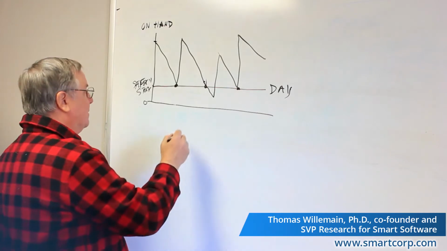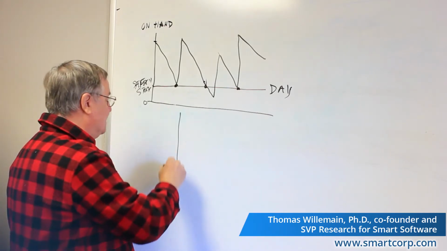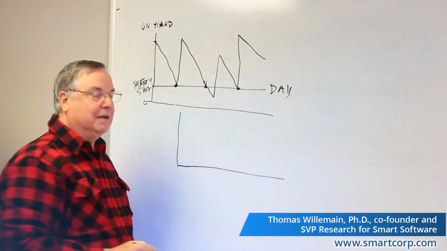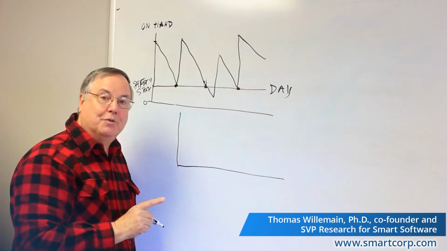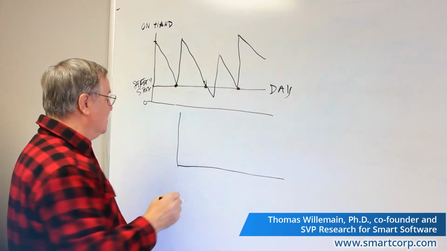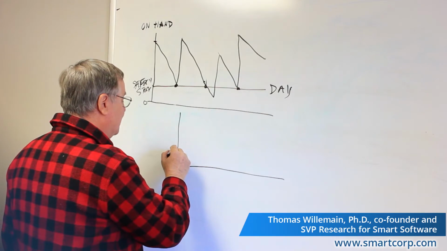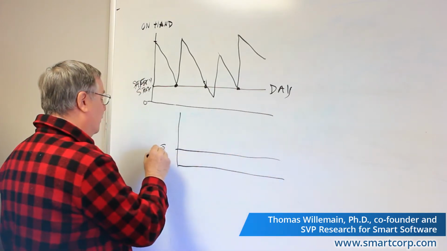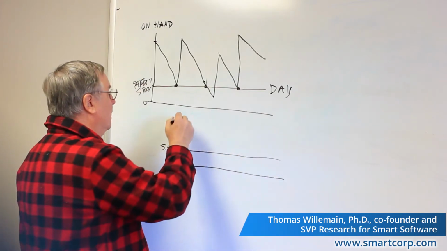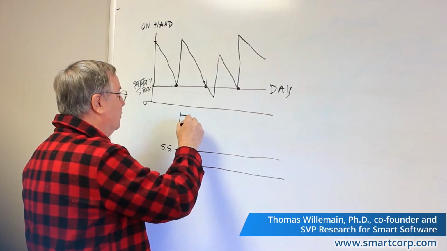The real dynamics don't really look like this. It doesn't look like a sawtooth. It actually looks like a staircase. So we might have our safety stock level here. We'll call that SS. And our inventory will be moving like this.